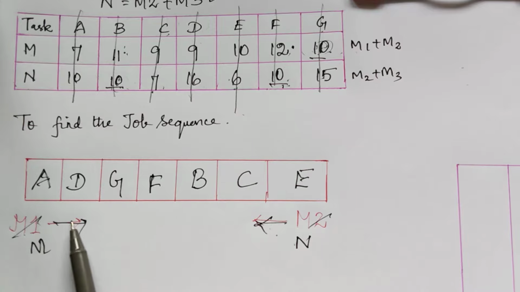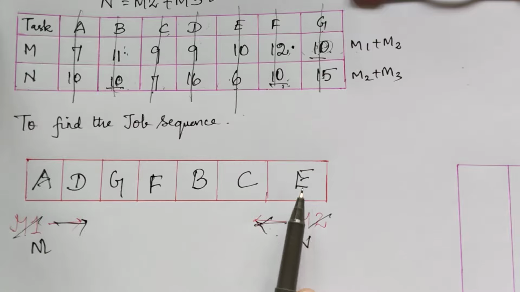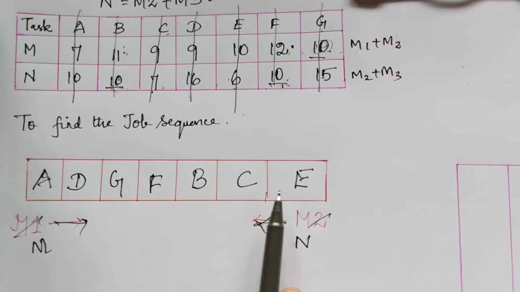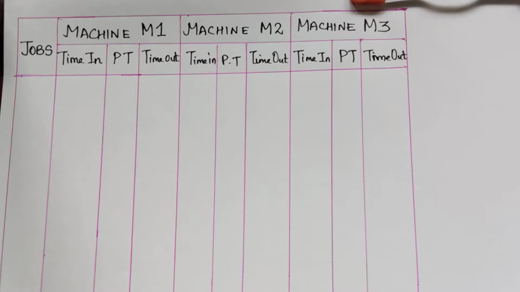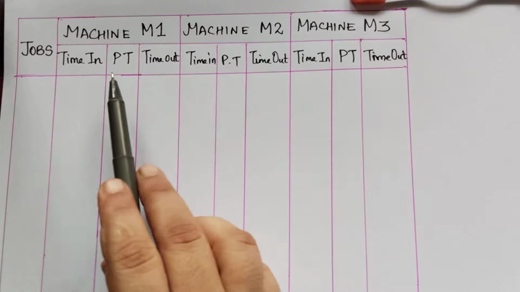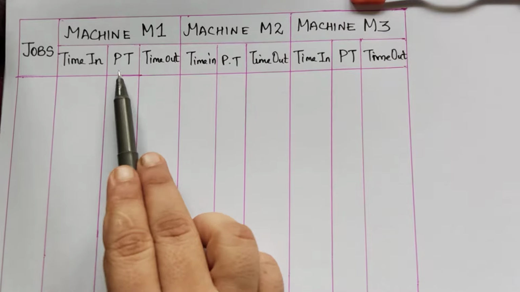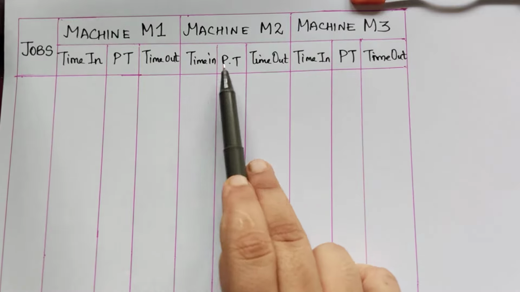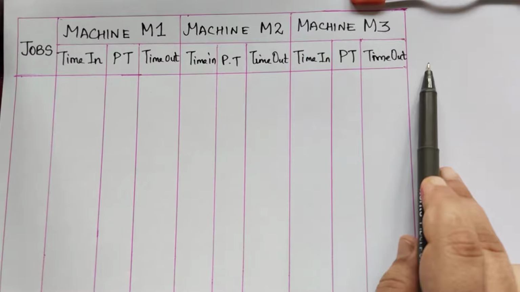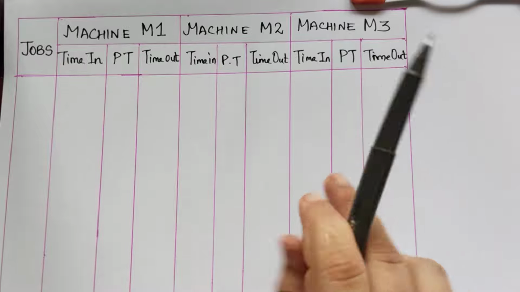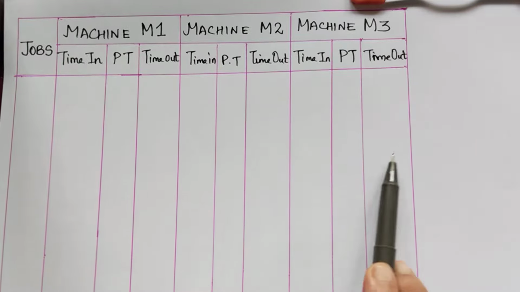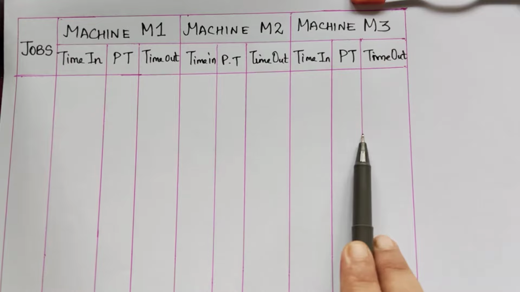We now have to perform these jobs under the machines M1, M2 and M3. So the new tabular column will have jobs here, machine 1 with time in, processing time and timeout, and similarly machine 2, machine 3, time in, processing time, timeout. Usually we do it for 2 machines, but since the problem is for 3 machines, we have to do it for all 3 machines.